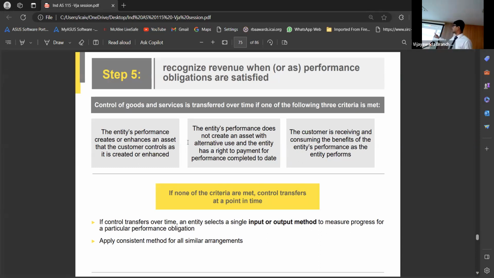Second, the entity's performance does not create an asset with alternative use, and the entity has a right to payment for performance completed to date. Example, legal opinions. The simple example we'll take. There is a complex legal matter which is very specific to your case. You went for a legal opinion, so the lawyer started writing it. He is midway.